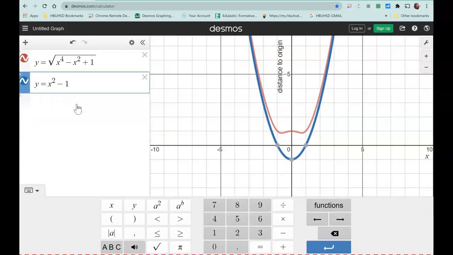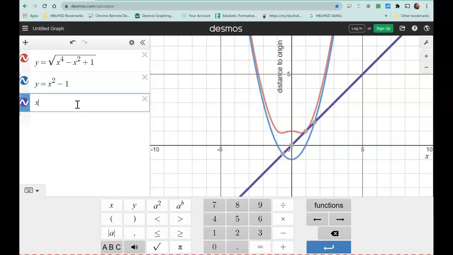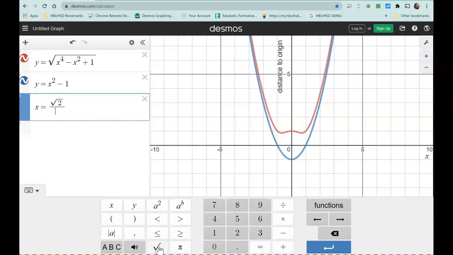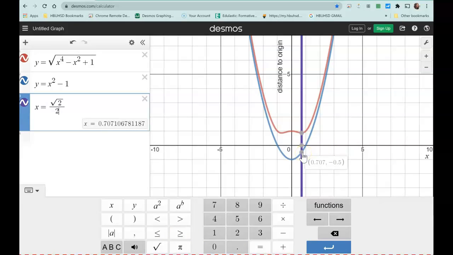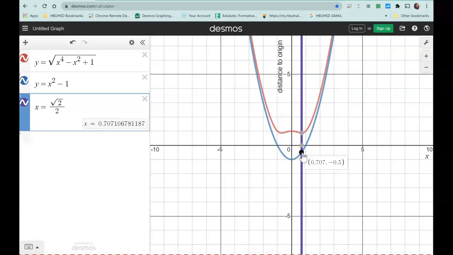Sorry, I'm gonna graph out another graph. X equals radical 2 divided by 2. Okay, so here's where the rad 2 over 2 intersects. Can you see this? So this right here, it's rad 2 over 2. Let's look at what the distance is. The red is the distance formula. So the distance is 0.866, which is rad 3 over 2. So you can see that's the distance.